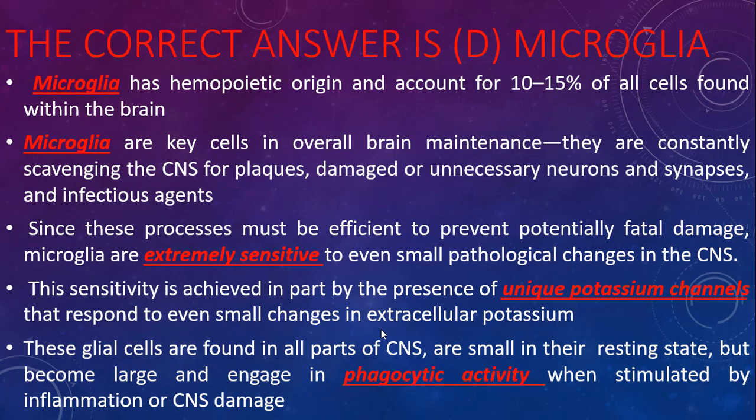Microglia have hematopoietic origin and account for 10 to 50% of all cells found within the brain. Microglia are key cells in overall brain maintenance. They are constantly scavenging the CNS for plaques, damaged or unnecessary neurons and synapses, and infectious agents.